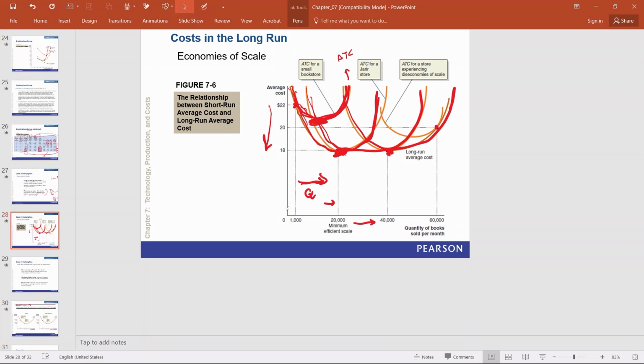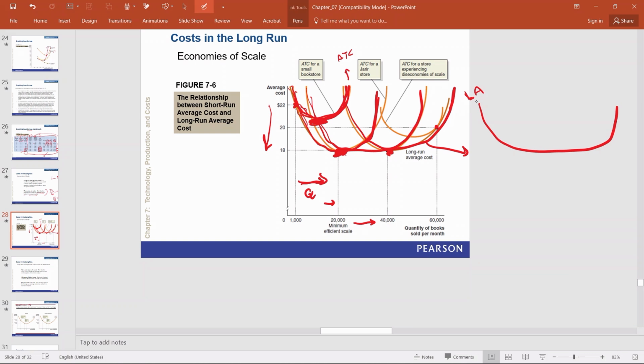So we'll focus on this long-term curve of average cost.